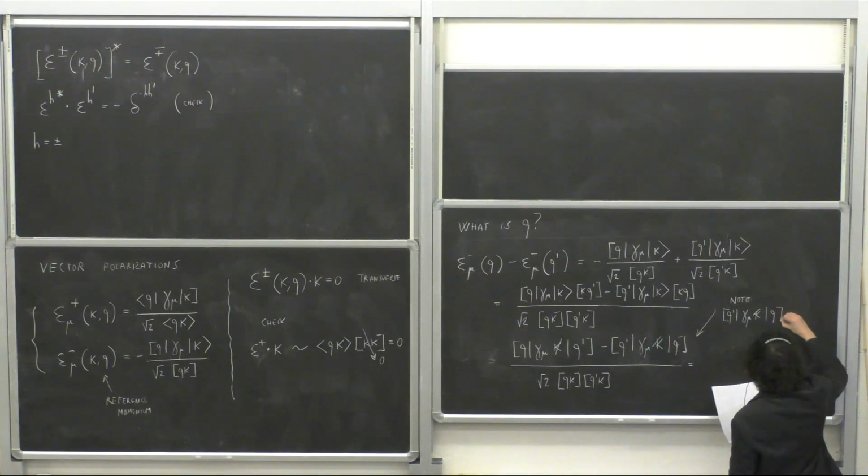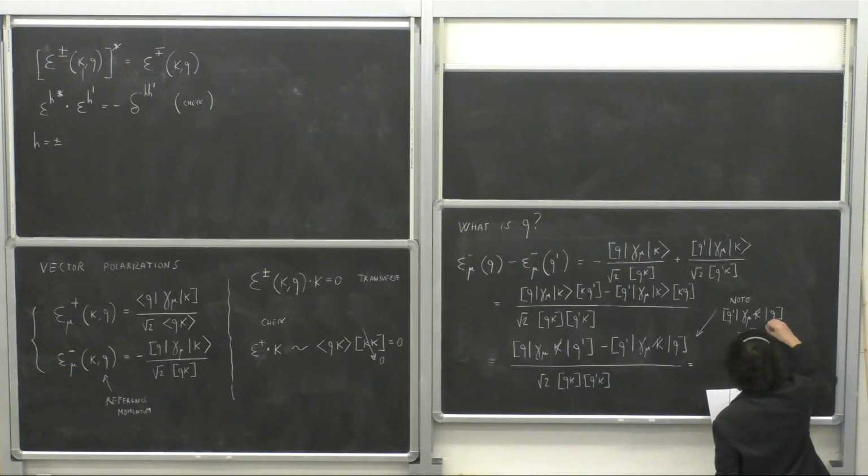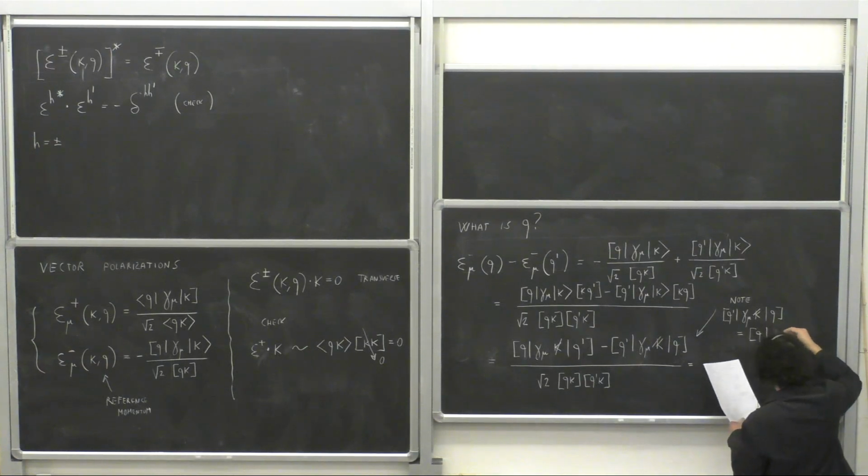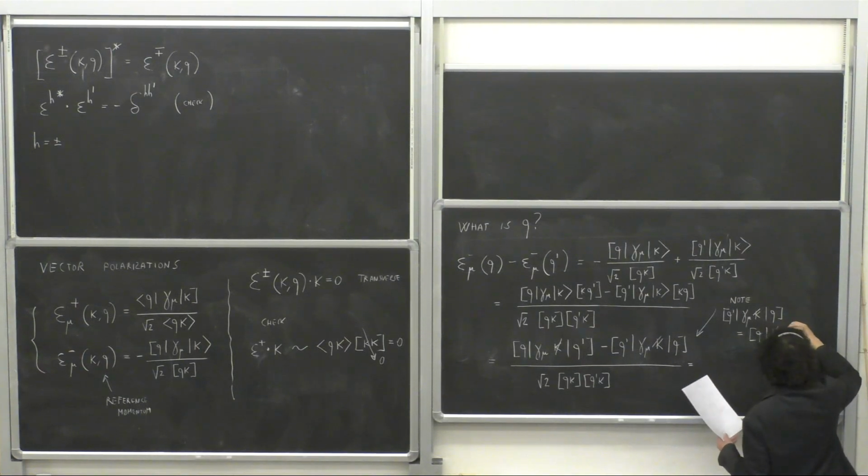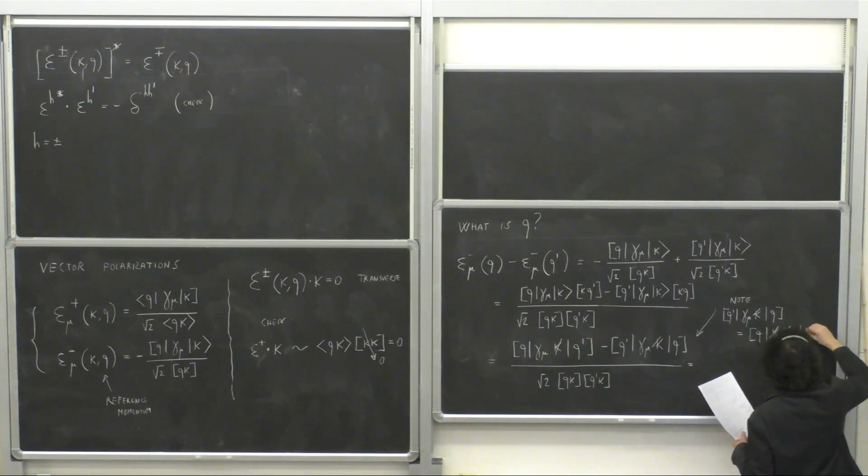This is going to be equal to Q K bar. So the order is, of course, the opposite, Q prime.